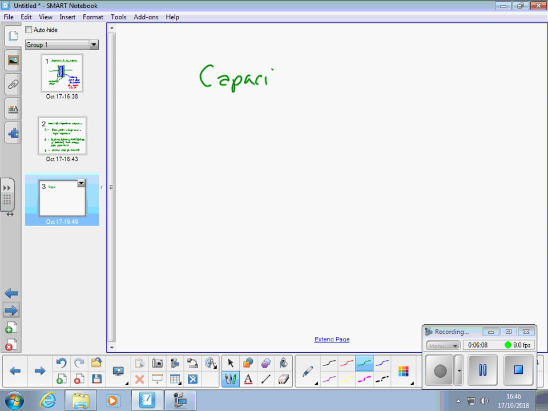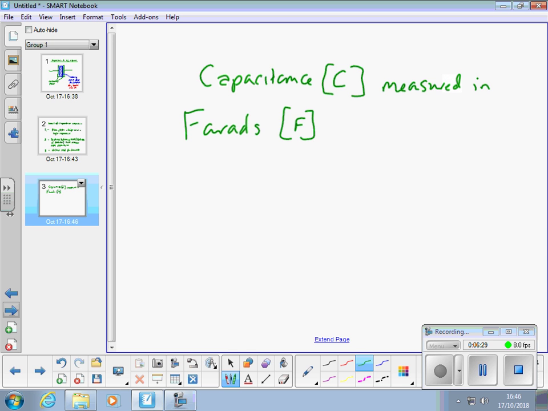Capacitance, symbol C, measured in farads, capital F. One farad is very big.